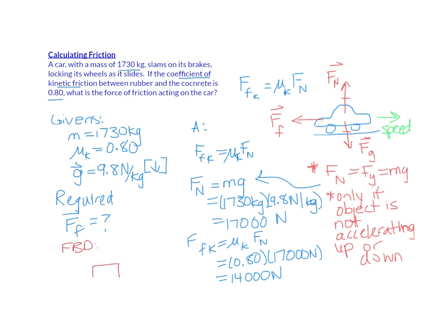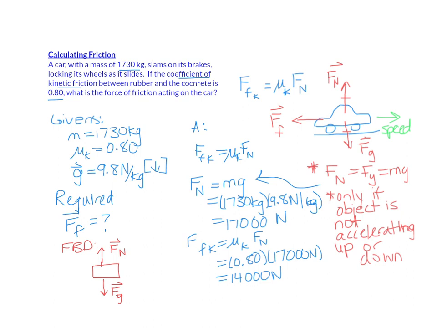And I'm going to use a box to show my object. You can also use a point or a dot, but I'll be consistent with what you see in your activities. There is a force of gravity whenever we have an object at Earth's surface. And then because this car is sitting on concrete, there is also a normal force in the upward direction.